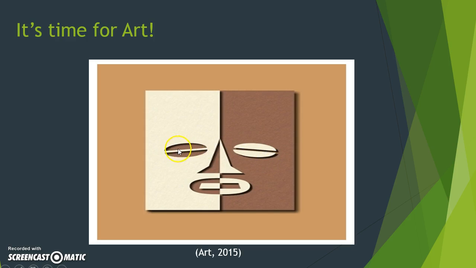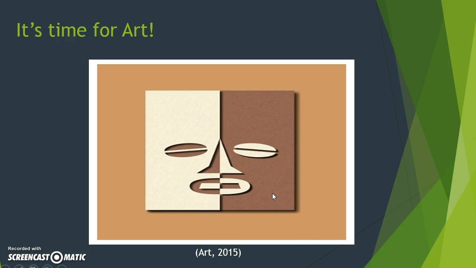If you notice, this portion here was cut out so that it could become this portion over here. This portion was cut out so that it could be almost a mirror, well, it is a mirror image in contrasting colors. You will find these papers on your desk, and we will be creating this art image as well.